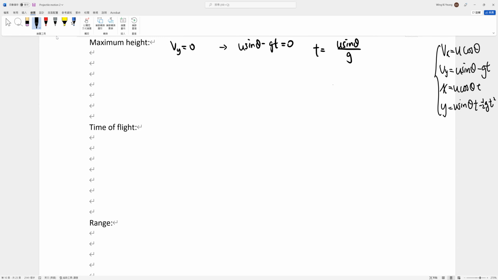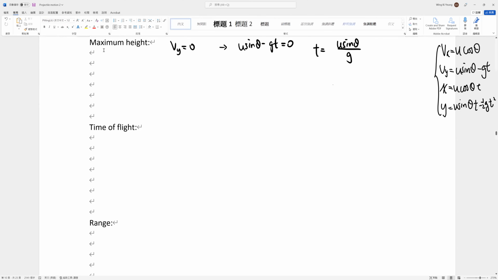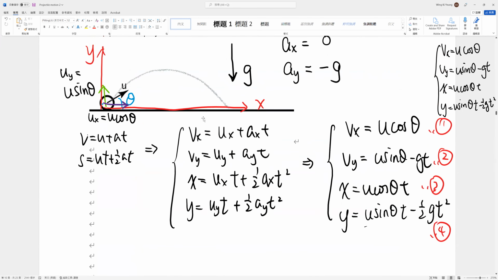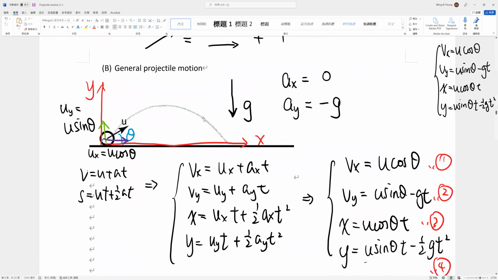Okay. Then to find the maximum height, which one do we use? After we find the time, which equation do we use? The maximum height is here.